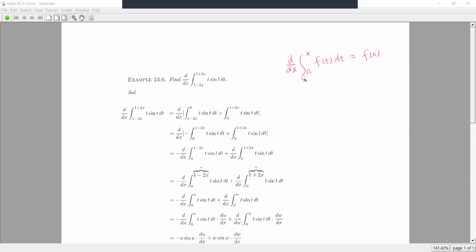But this formula requires the lower limit to be a constant. So I need to make the lower limit of this integral into a constant. To do so, I arbitrarily pick a number, say 0, and split this integral into the integral from 1 minus 2x to 0, plus the integral from 0 to 1 plus 2x.